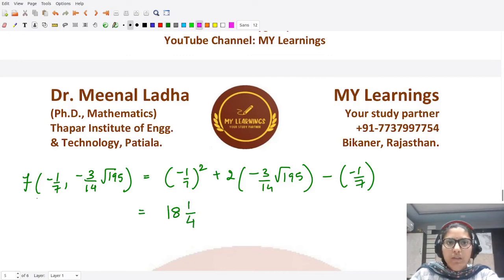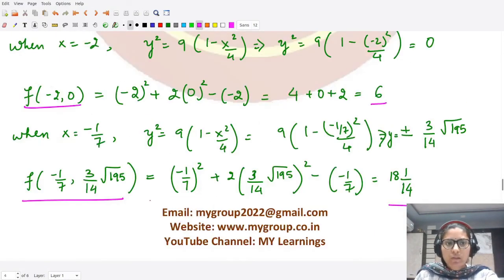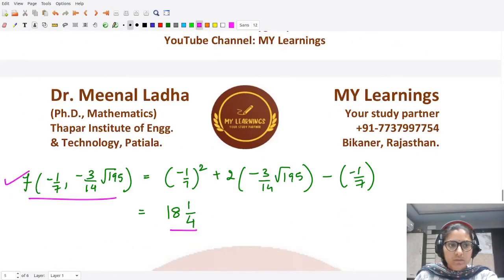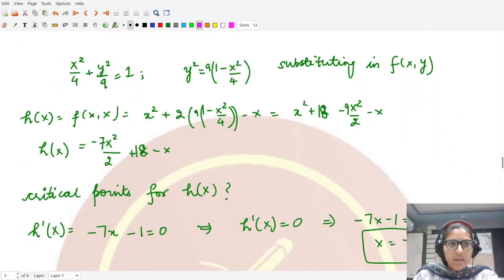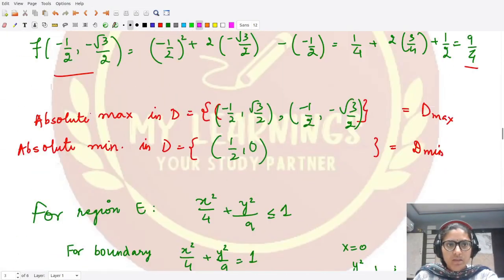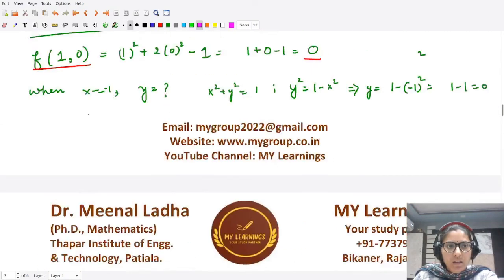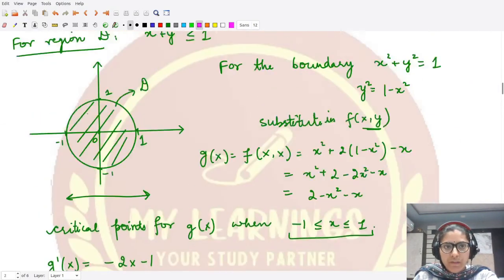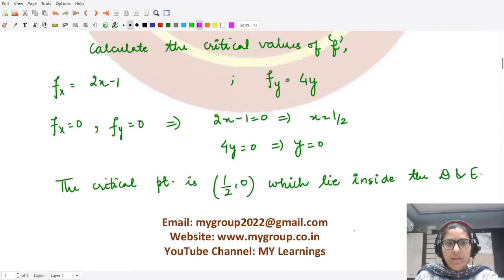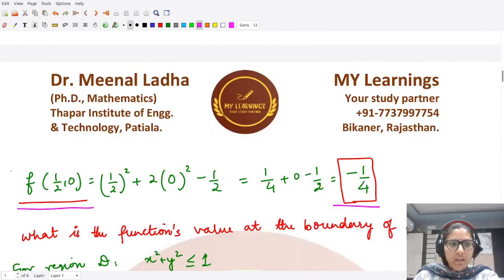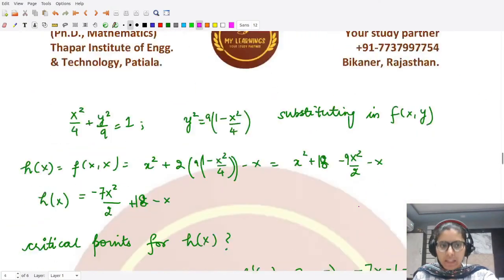So we'll be comparing the function's value here, here, and one more value. Which one? The critical value of f, which we computed firstly, in the very starting, right? So we'll be computing all these values here for calculating E max and E min, right?